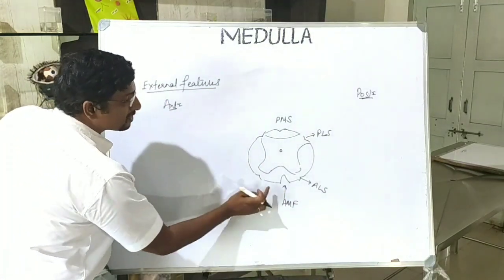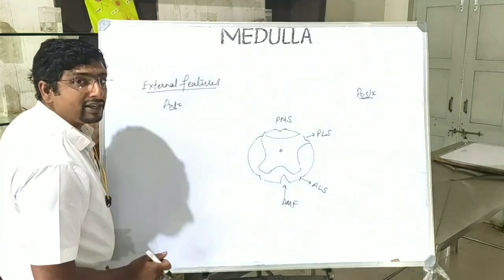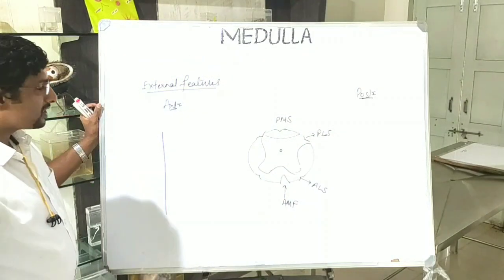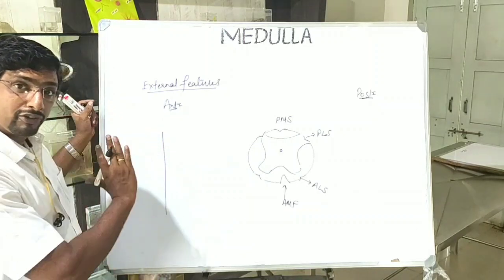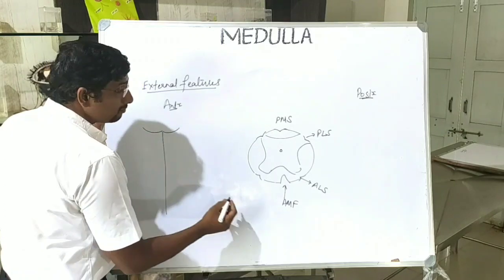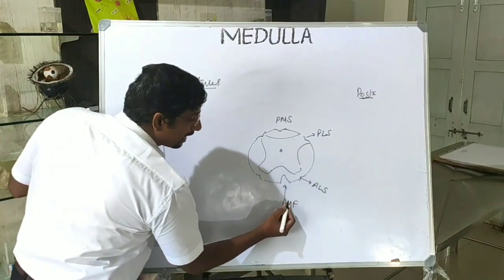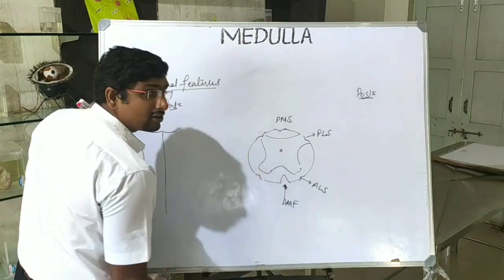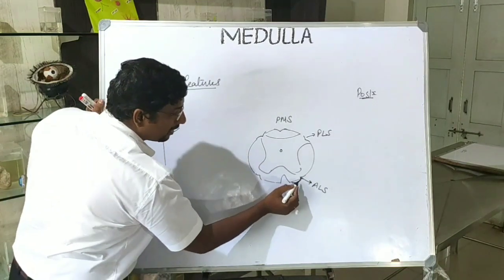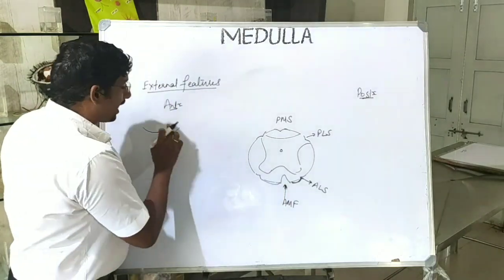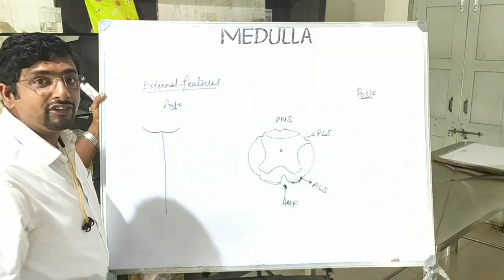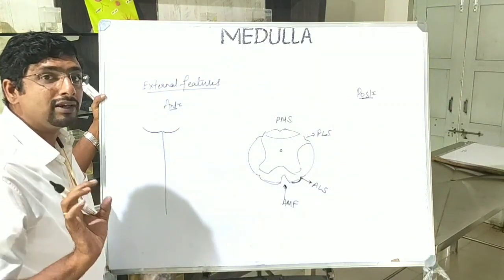See, anteriorly there will be an anterior median fissure, on the drawing of the anterior view. Okay, and the area between the anterior median fissure and the anterolateral fissure actually has some fibers in the upper part, which are descending fibers called corticospinal fibers.